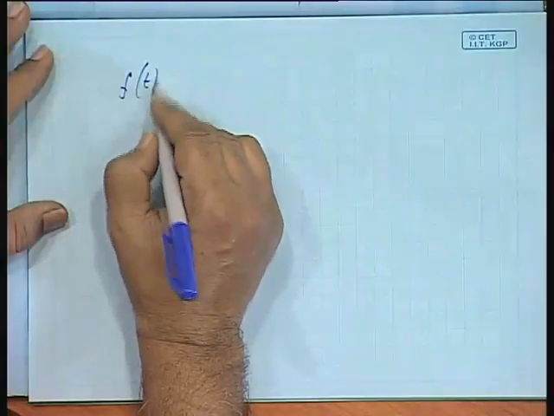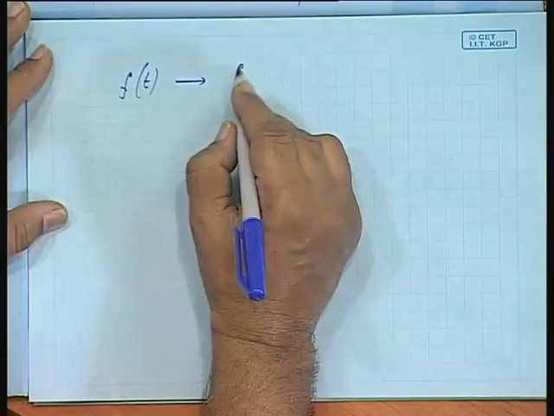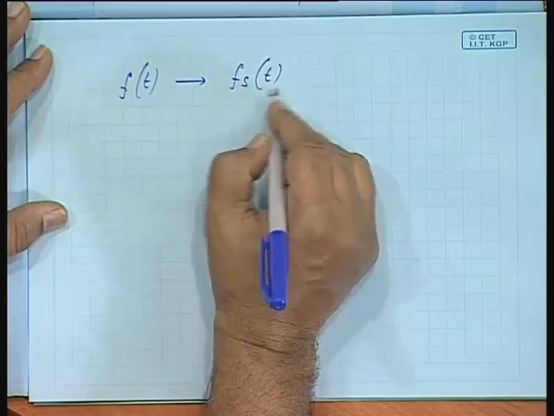Let us come back to what we were discussing yesterday. I had given you a small problem to try at home. Did you try that? We are considering f t in the discretized form as f s t.